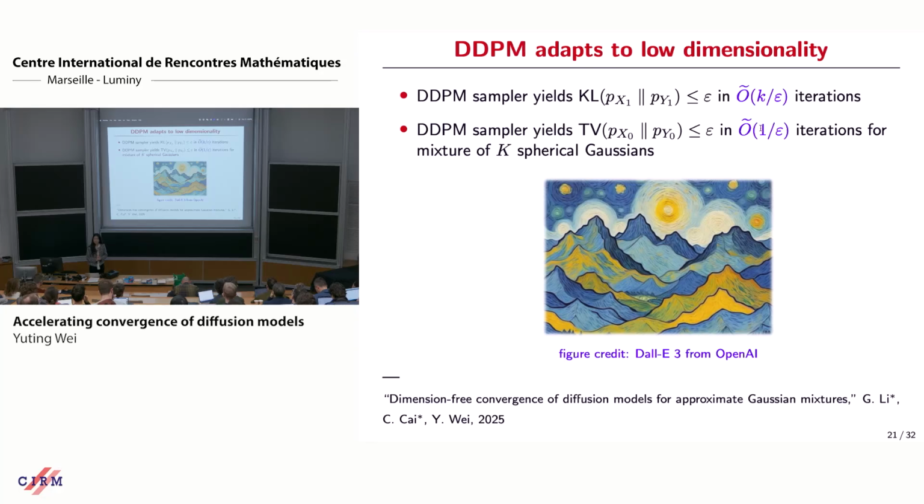In the sense that you don't have to pay a price in terms of the dimension d. Although mixtures of Gaussians are very full dimensional objects, diffusion models just can sample them really fast in 1 over epsilon number of steps.